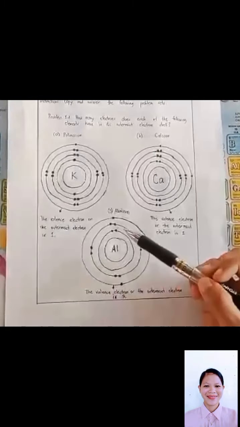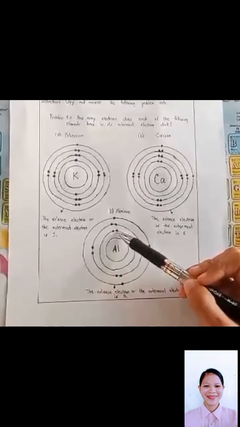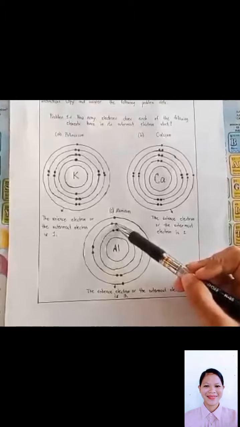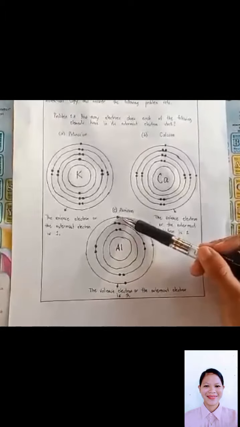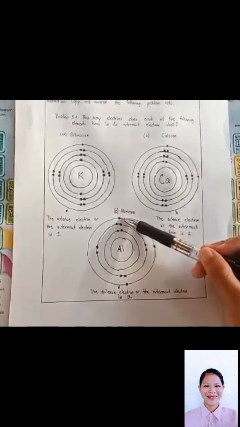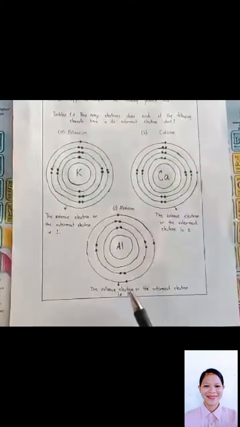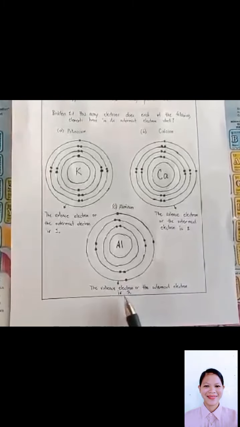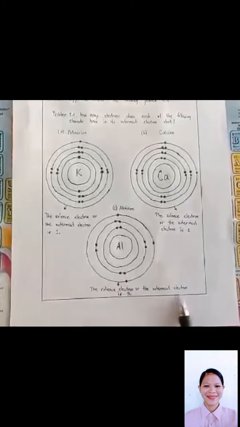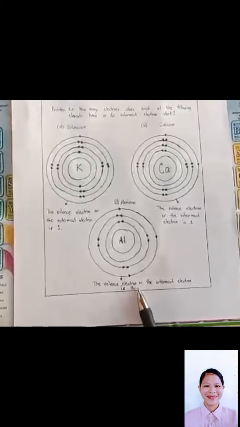First ring can hold 2 electrons. Second ring can hold 8 electrons. And the last one is 3 electrons. So, the valence electrons, or the outermost electrons, is 3.